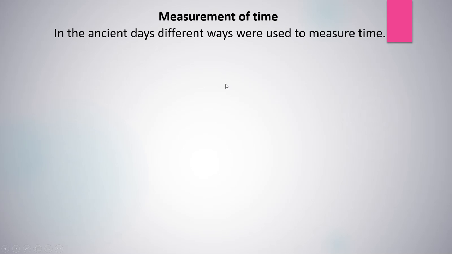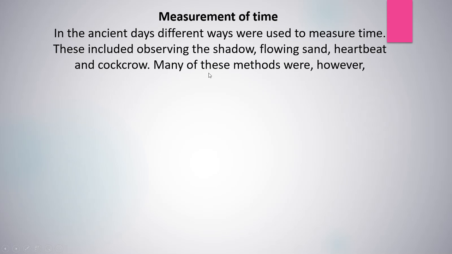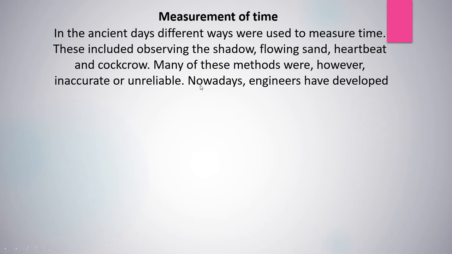How is time measured? In the ancient days, different ways were used to measure time. These include observing the shadow, flowing sand, heartbeat, and corkscrew. Many of these methods were, however, inaccurate and unreliable.